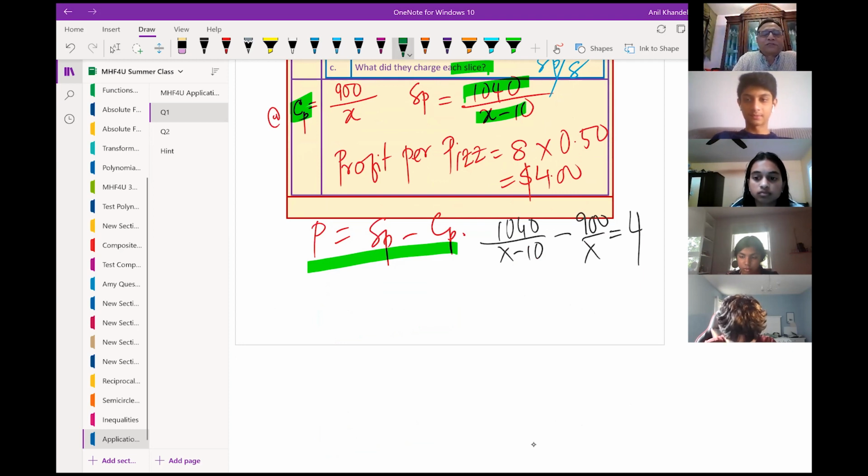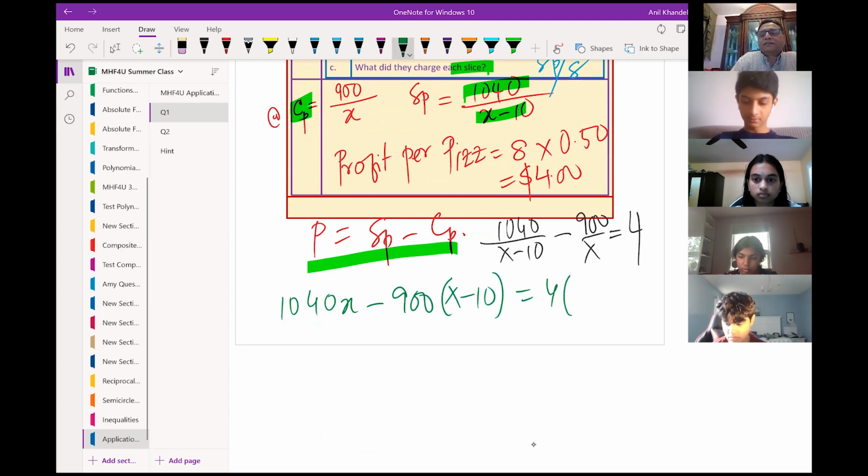Let me do it in small steps. 1040 will get multiplied by x. Sorry, this is cross multiplication, right? 1040 times x minus 900 times x minus 10 equals 4 times x minus 10. Is that clear to you?